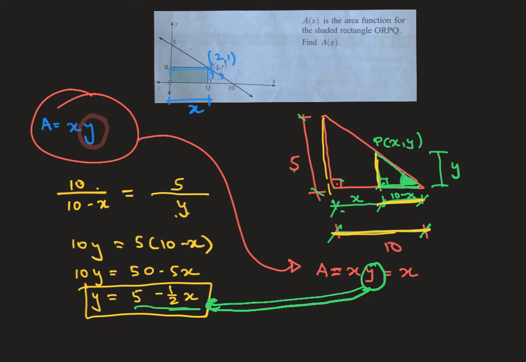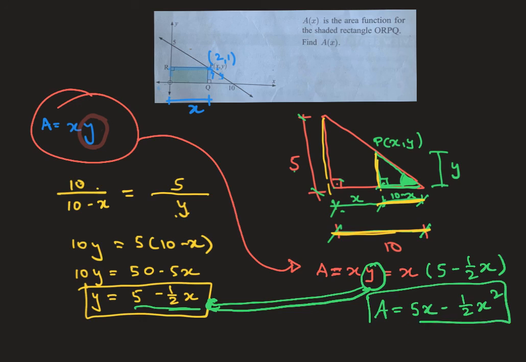So instead of y, we now have 5 take away half times x. Let's expand this. Area is equal to 5x take away half x to the power of 2. So that would be the final one.